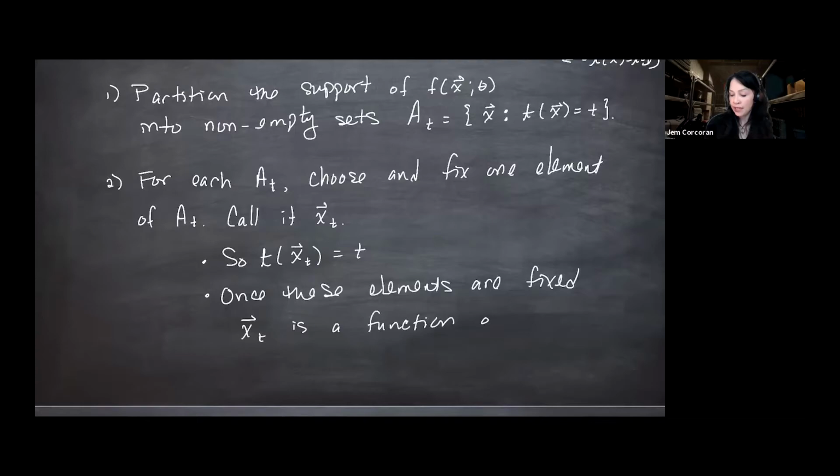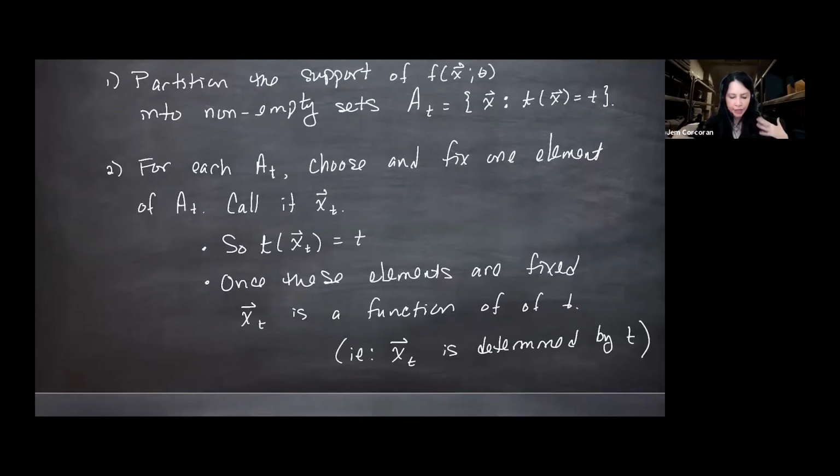In other words, it is determinable by knowing t. Given t, you go into the set A sub t and you pull out that fixed element. So as a function of t, x sub t is determined.